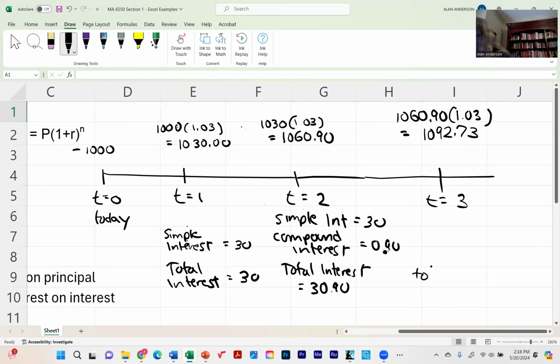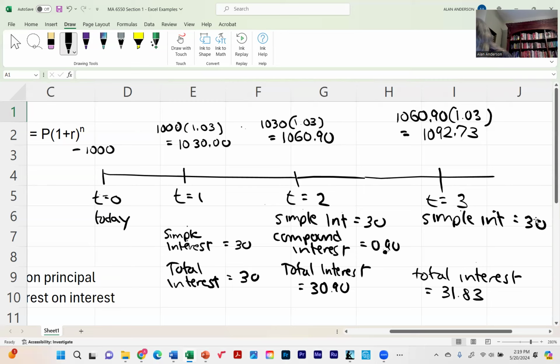So our total interest this year, remember our balance went from 1060.90 up to 1092.73, is 31.83. And since the simple interest is still $30, that implies that the compound interest is $1.83.